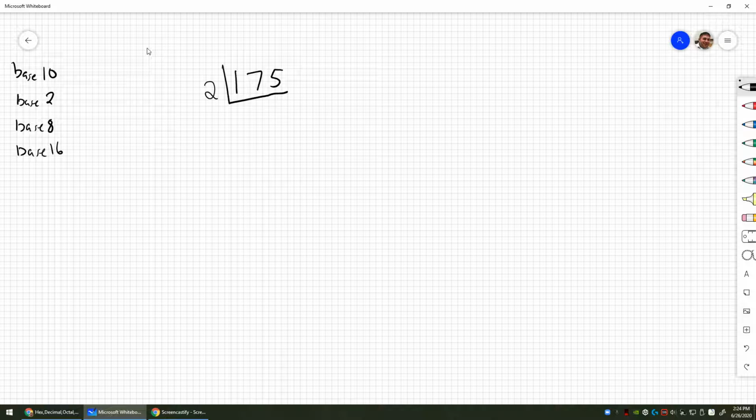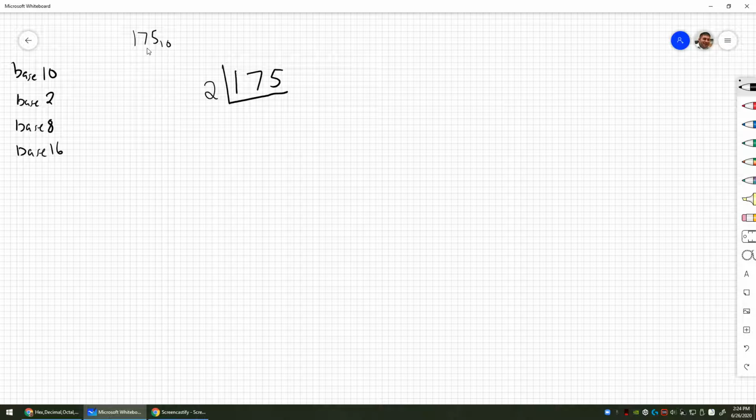This is my base 10 number. So this is how this would look on the exam, 175 base 10. And I want to convert it to base 2. So I'm going to put a 2 out here. I'm going to divide this number by 2 over and over and over again until I can't divide it anymore. All right.